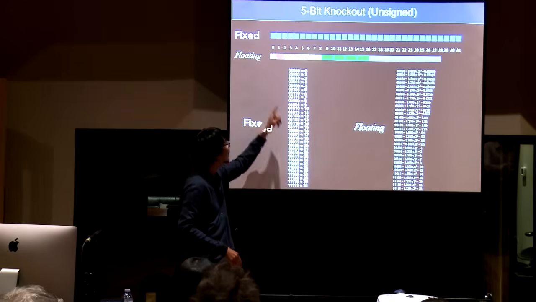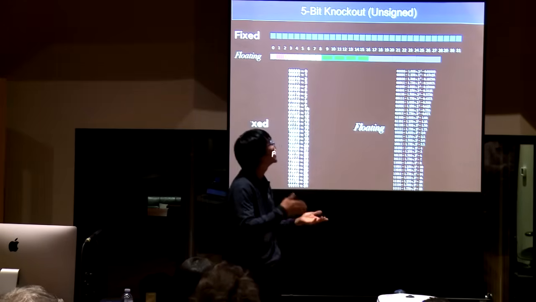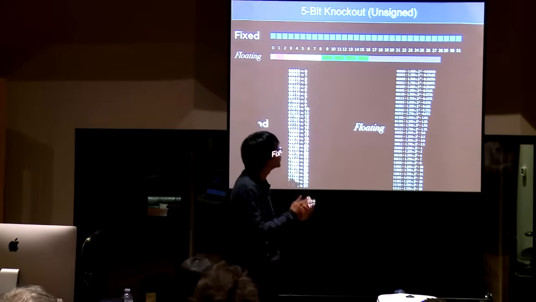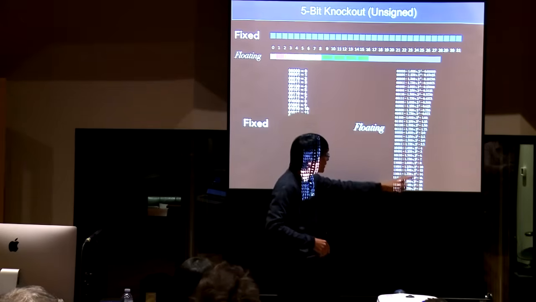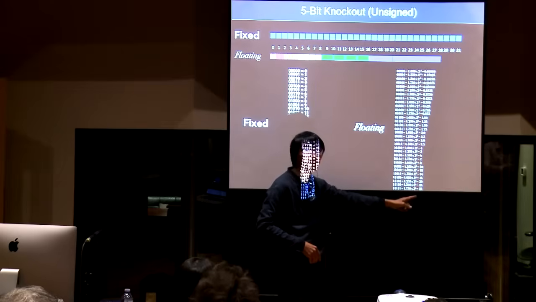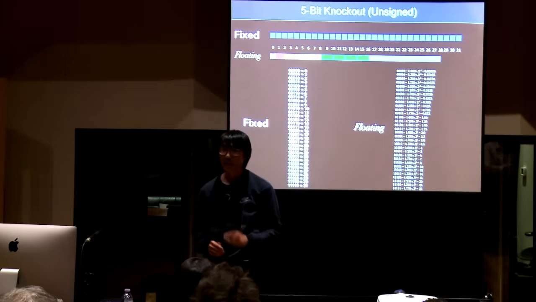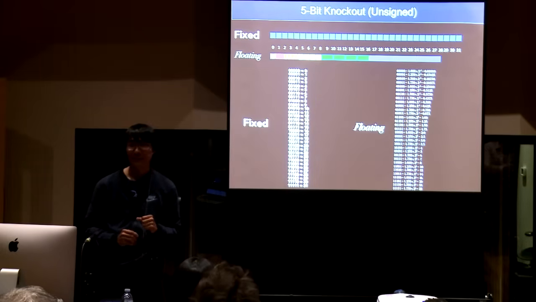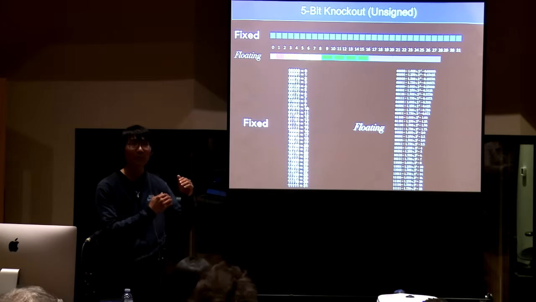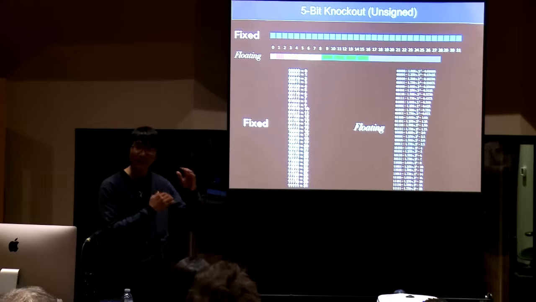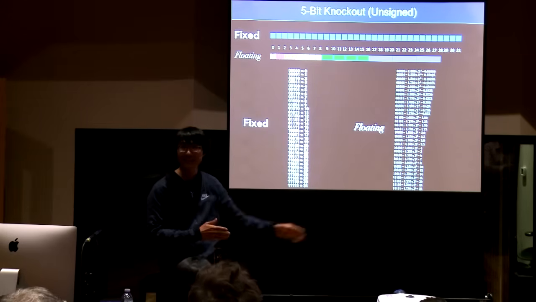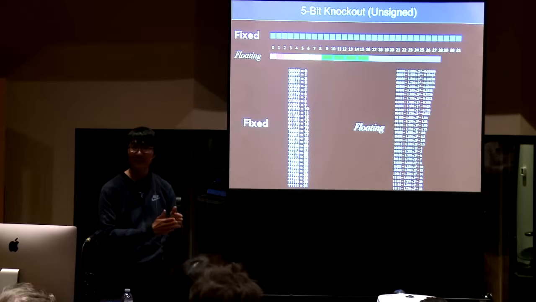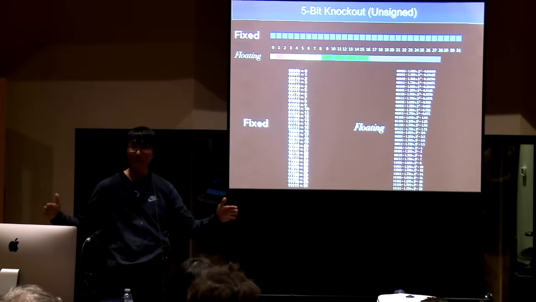But for floating point, it's like 0, 0.15625, 0.1875, 0.2185, and then jump to the end, it's like 16, 20, 24, 28. So that's the difference. The number of representations is exactly the same, but floating point chooses to have different characteristics from minimum to maximum.